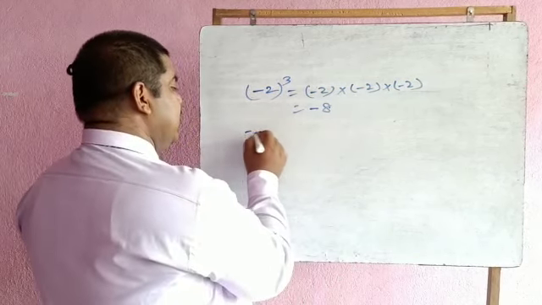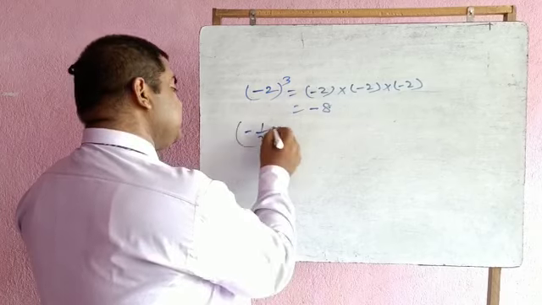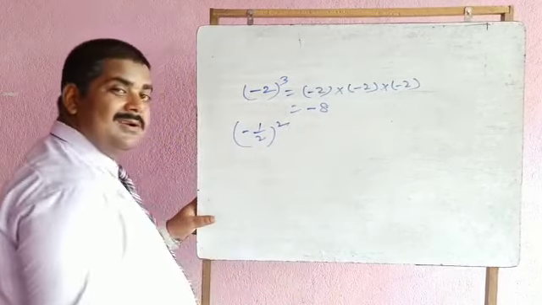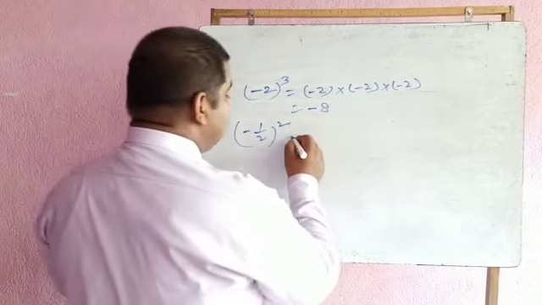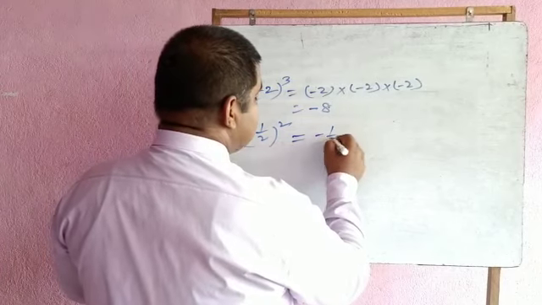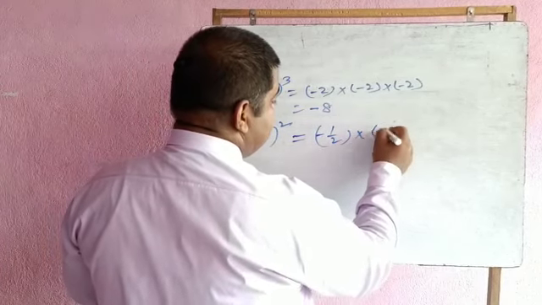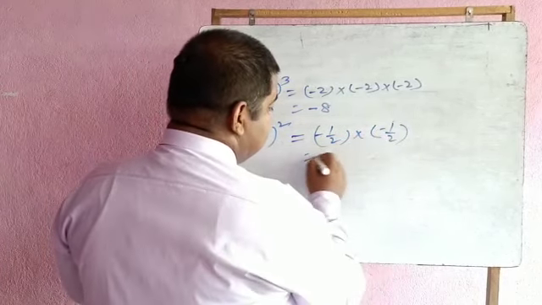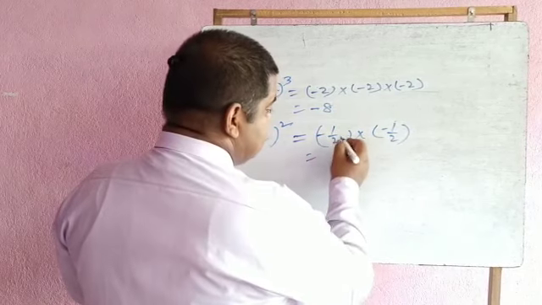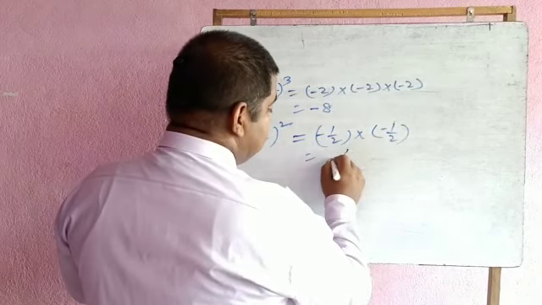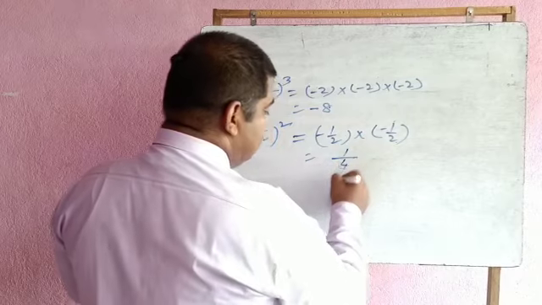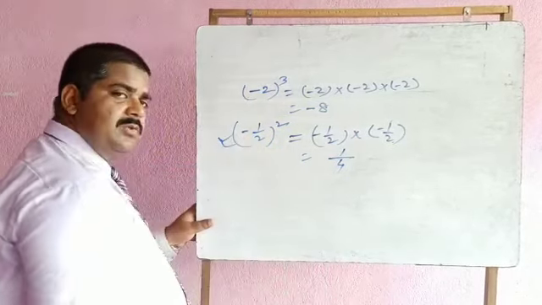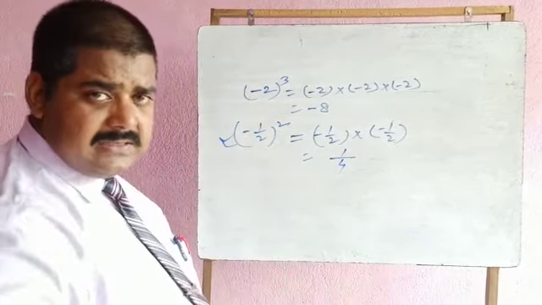Similarly, for a rational number, minus 1 upon 2 whole square means minus 1 upon 2 into minus 1 upon 2. Minus times minus is plus, so 1 by 4. But such questions you will read in upper classes, class 8.